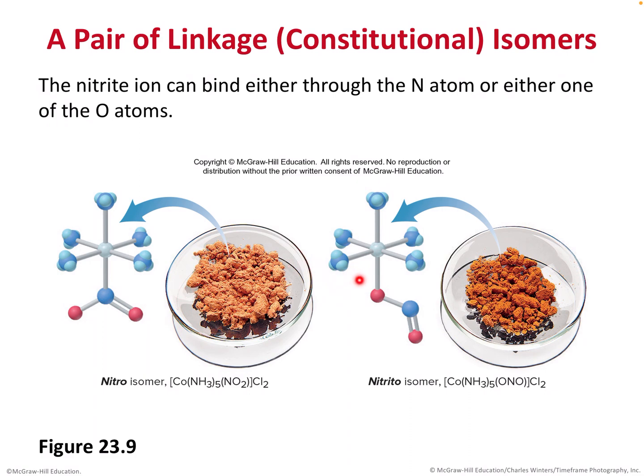So we call these linkage isomers. You can also see the color is a little bit different. And the nitrite ion can bind either through the nitrogen atom or through one of the oxygen atoms. So they are called linkage constitutional isomers.